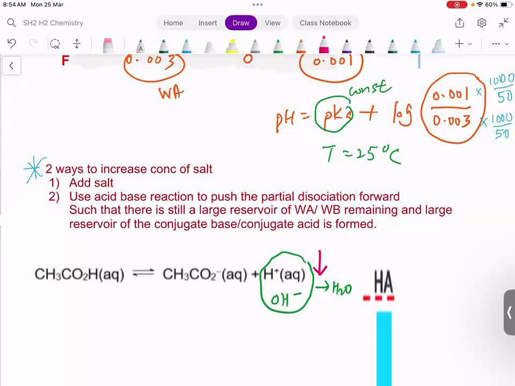When the H plus is being used up by your alkali, it will move forward. So in this case, this will increase. As the POE of the weak acid moves forward, the concentration of the salt will increase, while this one is partially offset. Remember, Le Chatelier's principle, to partially offset the change. So the drop in H plus will be partially offset.